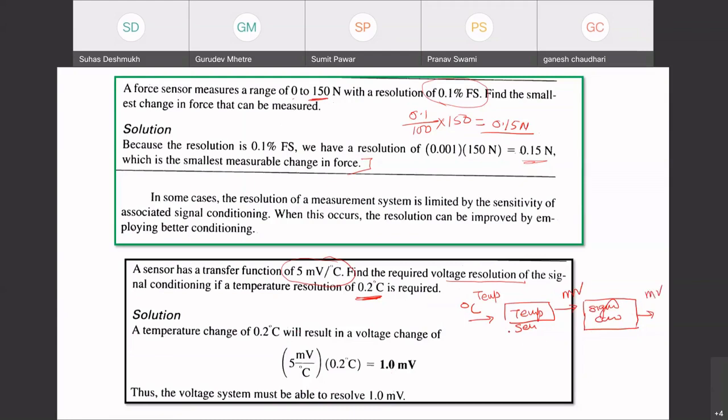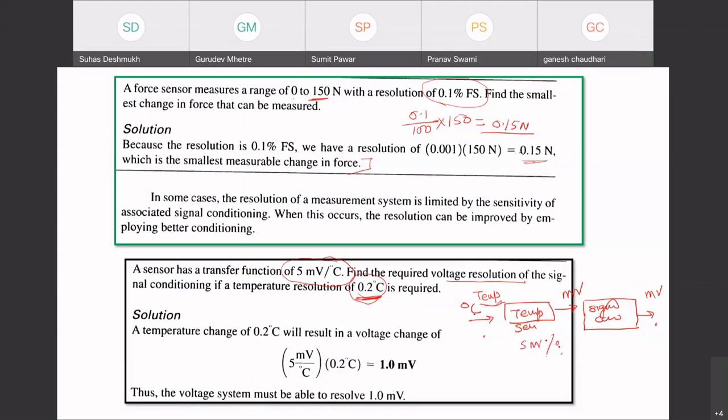I need a resolution of 0.2 degrees Celsius at this point, not that point, because you are going to have multiple conversions. The transfer function is 5 millivolt per degree Celsius.